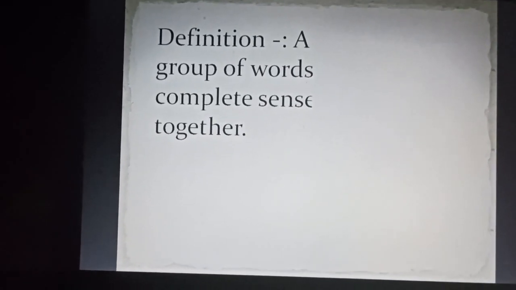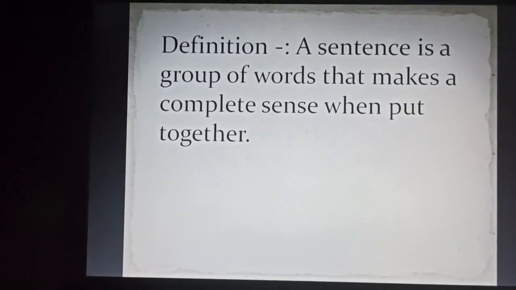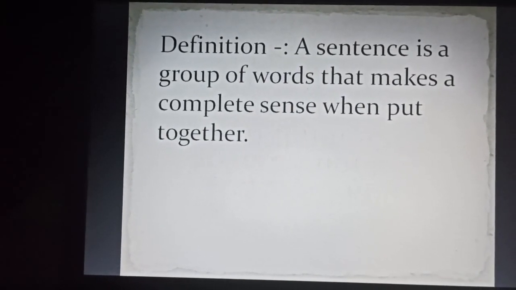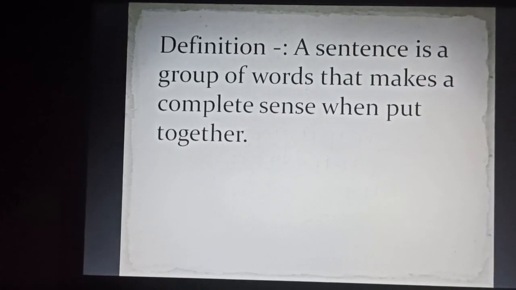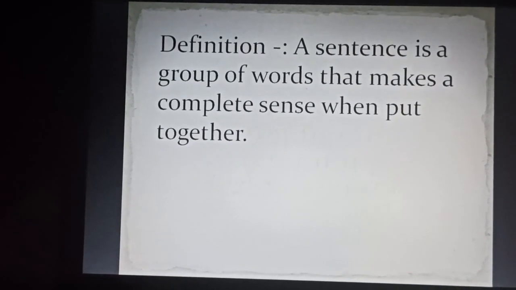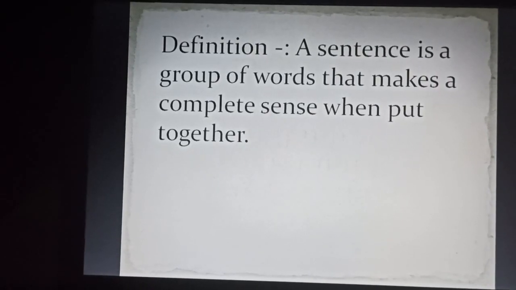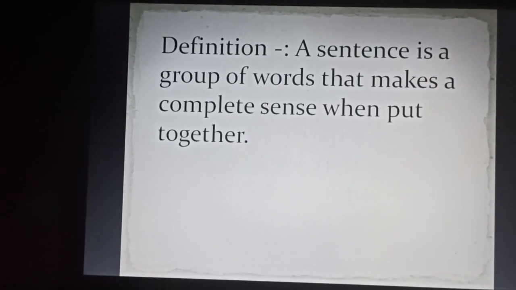Now I will tell you the definition of a sentence. A sentence is a group of words that makes a complete sense when put together.